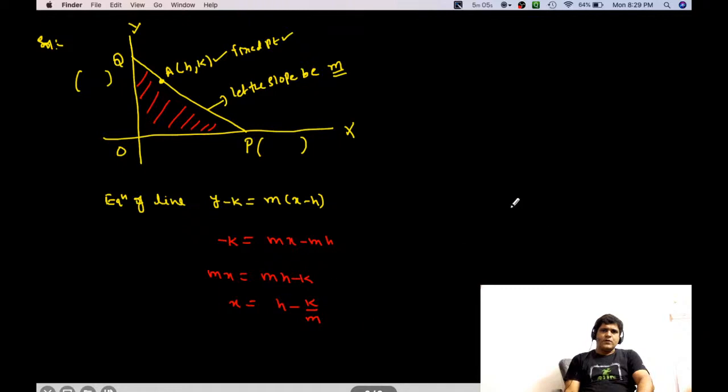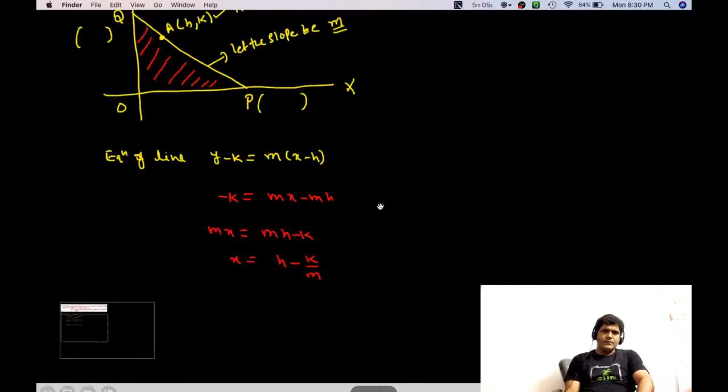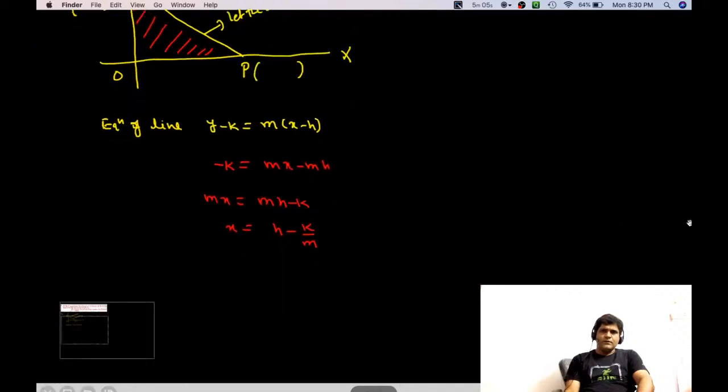So the coordinates of P are (h minus k by m, 0).